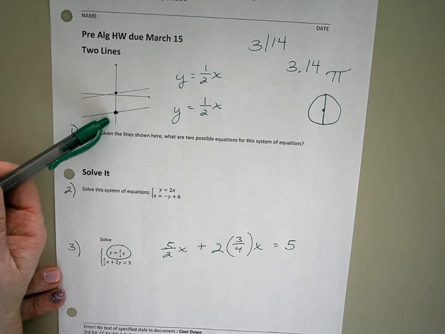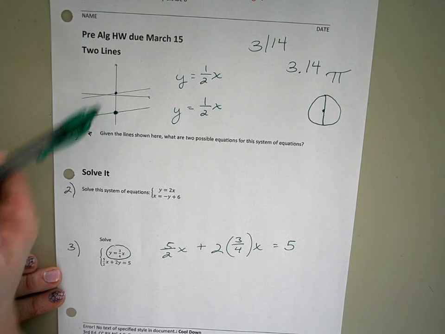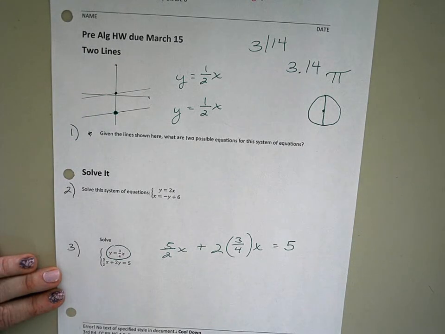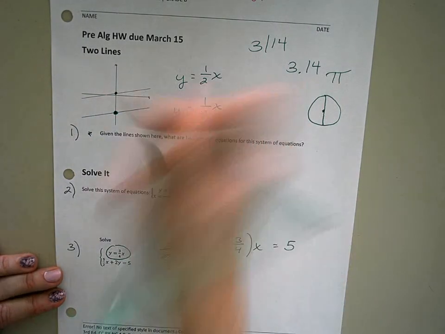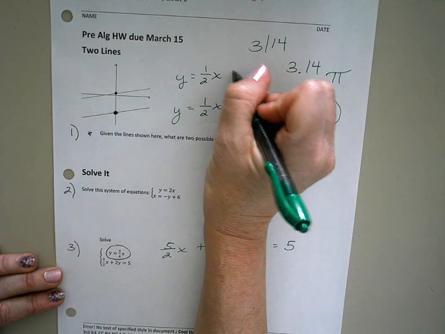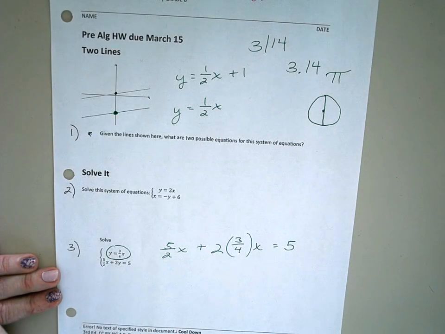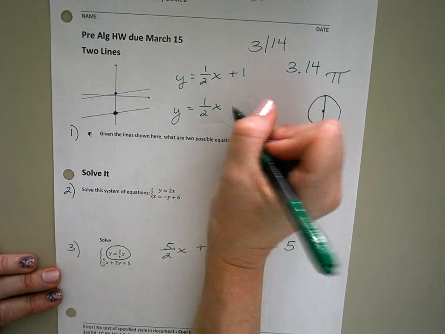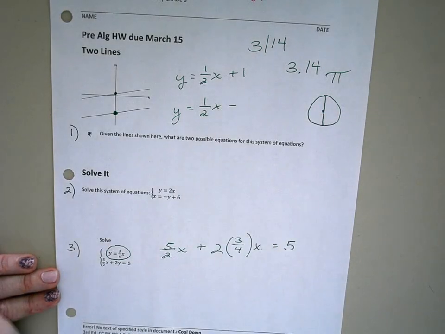It's going to be a negative y-intercept, and it's also much farther from 0 than this value. So if I were to make this really friendly, maybe I would say this is y equals 1/2 x plus 1, right? Just a little bit above 0.